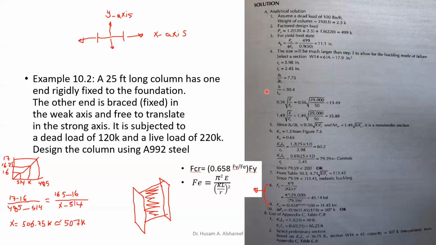So you'll find all these four values in this page. Just find the shape, which is the first column, the W14 by 61. Then go across the page to the right, and you will find the x-axis and y-axis, and below them, you'll find the r, the I, and the other values.